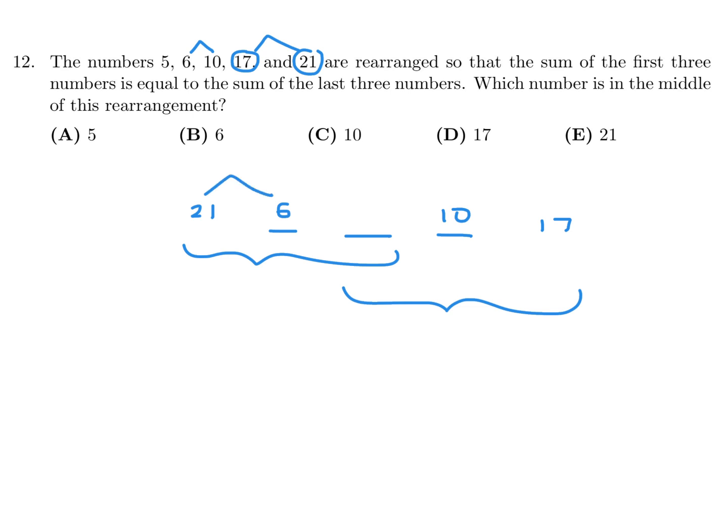And that way, that sum is 27, and that sum is 27. So therefore, the other number would go in the middle, and that number was 5. And then you can always figure out the sums of those 3 and the last 3 are going to be 32. So everything works out, and therefore number 12, the answer is A, 5.